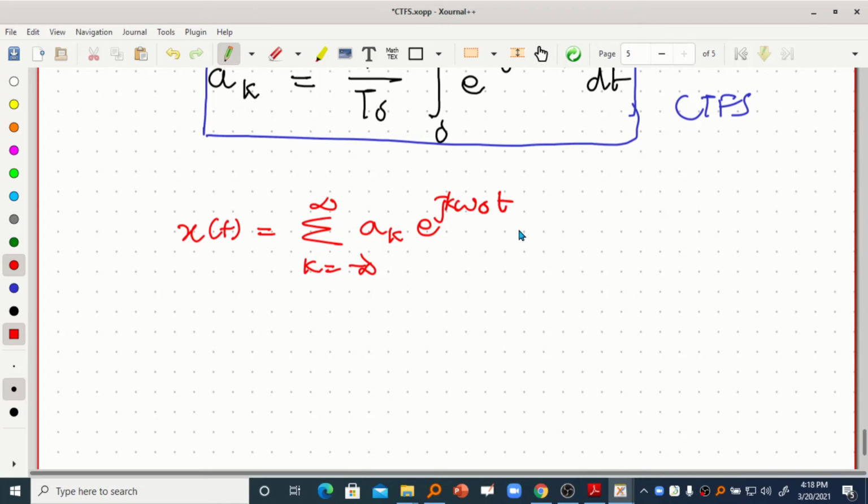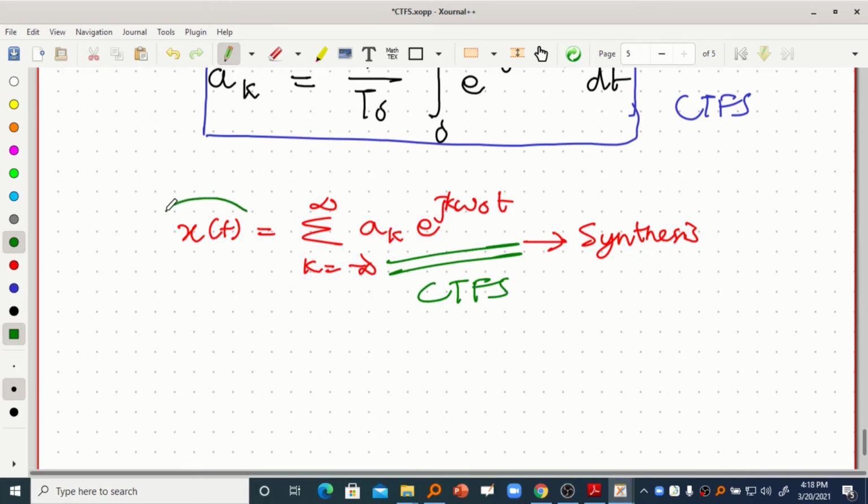This equation is known as the synthesis equation of CTFS. Why is it known as a synthesis equation? Because if we know these CTFS terms, we can create or synthesize our signal x of t using these terms. That is why this particular equation is known as the synthesis equation of CTFS.